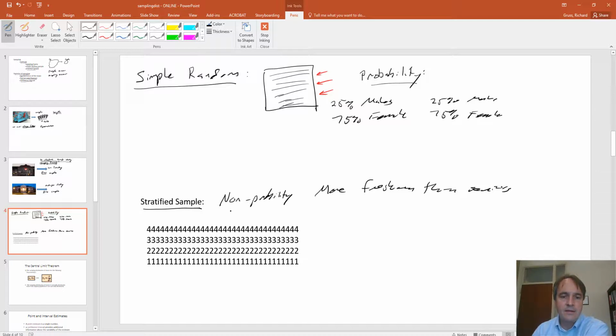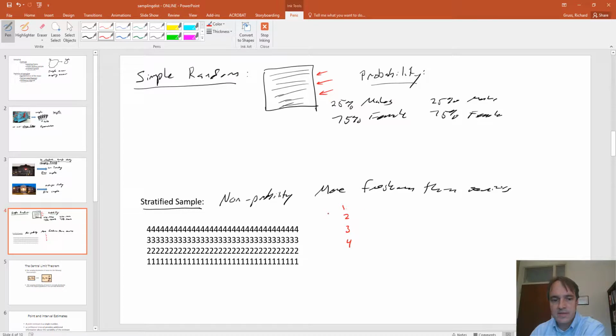So instead of getting a simple random sample where we would find our seniors underrepresented, we want to take a stratified sample. That is, we define these strata. So this would be freshman, sophomore, junior, senior. And we just decide, okay, we want to take a certain number from each.